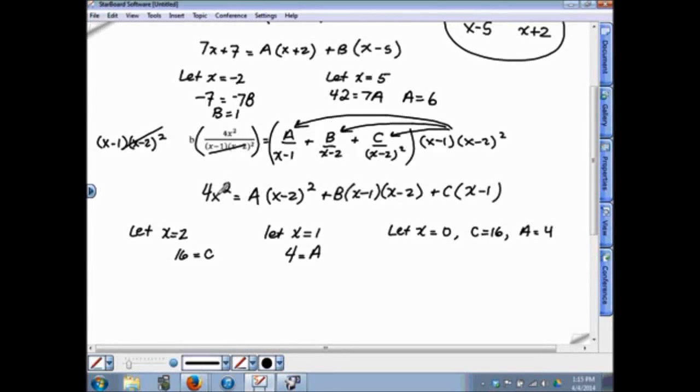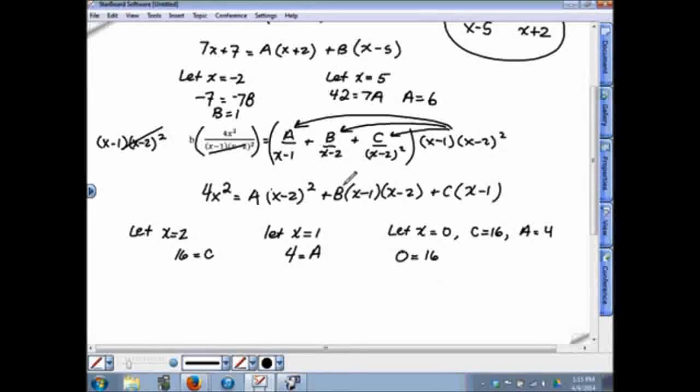So if x is 0, 0 squared is 0 times 4 is 0, so the left side of the equation is 0. Now remember, a was 4, x was 0, 0 minus 2 is negative 2 squared is 4, 4 times 4 is 16.